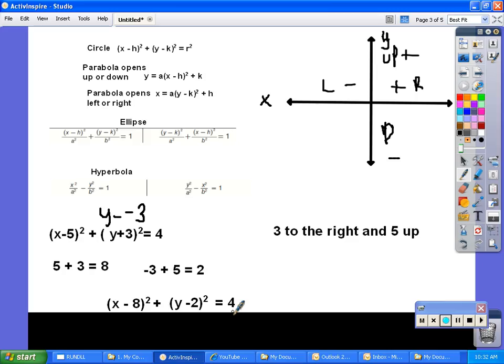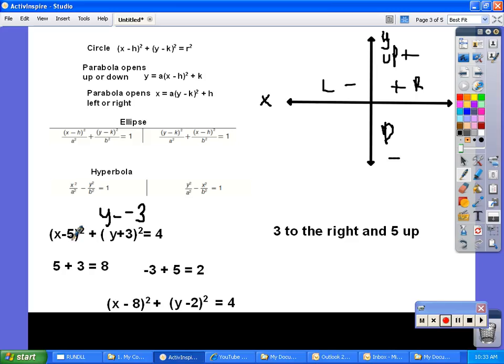Another way to do translations, which might make more sense to you, is to do the opposite. By that I mean if I want to move down, I'm going to add, and if I want to move up, I'm going to subtract. So let's look at this another way, changing the operations of the direction. In this case I had x minus 5 and I want to move right 3.